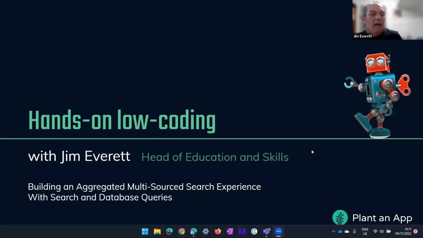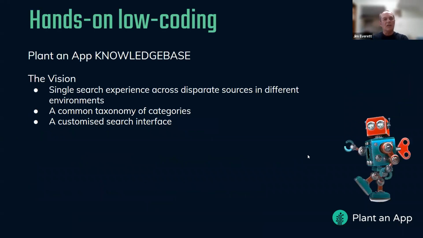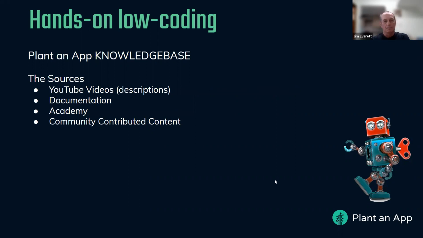Yes, thank you, Dale. As Dale has said, this session is inspired from a wider project that we're building at the moment, which is to try and bring together all the different sources of information that Plant and App over the years has generated and make it searchable, to provide a common taxonomy of categories, so you have a common language with which to search, and to provide a single customized searching interface.